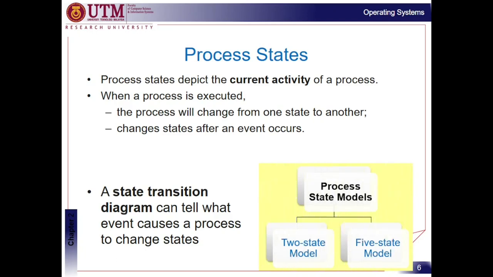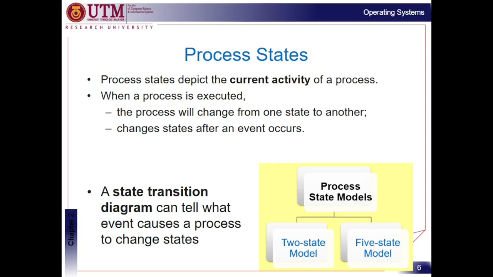There are different models of process state that we will discuss in this lecture. In this slide, we will briefly introduce two of them, the two-state model and the five-state model. The two-state model is the simplest model that assumes that a process can only be in one of two states, running or not running.